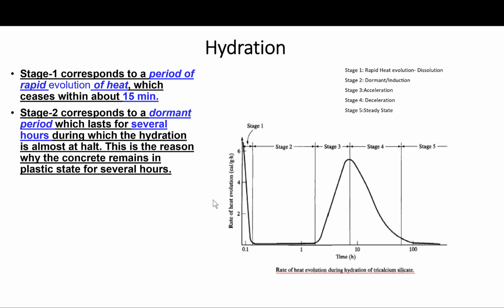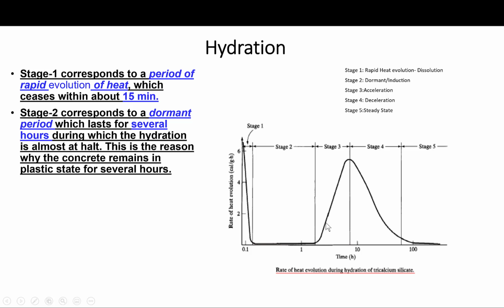Okay. Initial set occurs in 2 to 4 hours. At that time, C3S has begun to react again with renewed vigor at the end of the induction period right here.